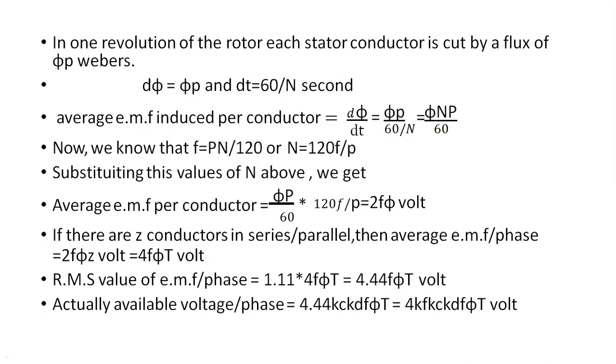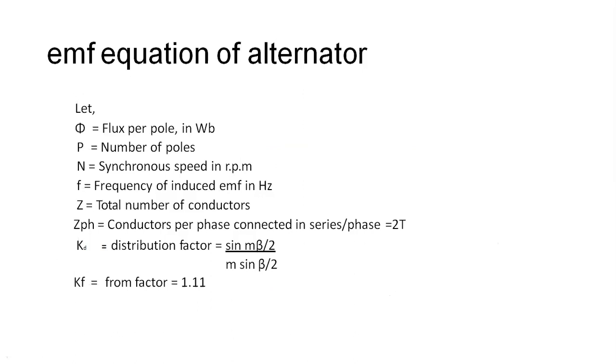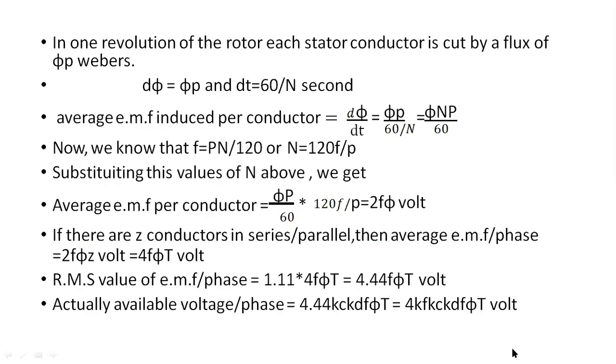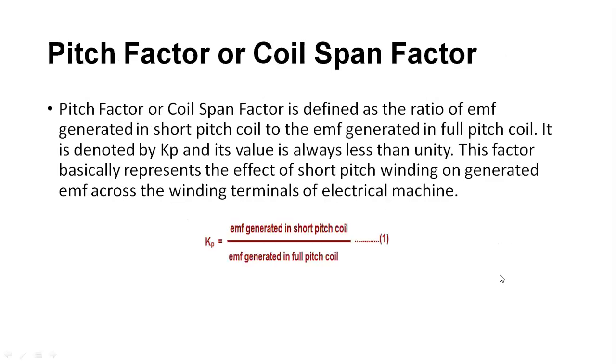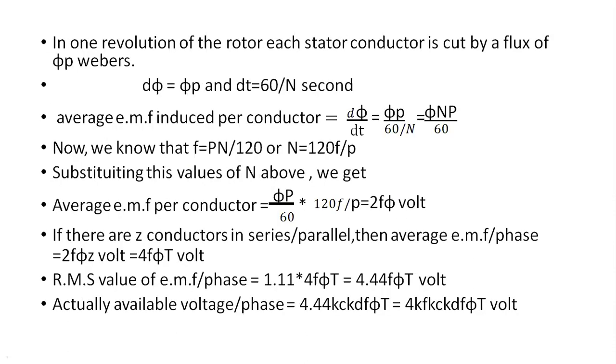Now we have to consider the pitch factor and distribution factor we studied: Kc is the pitch factor and Kd is the distribution factor. So it becomes 4.44 Kc Kd f phi T.